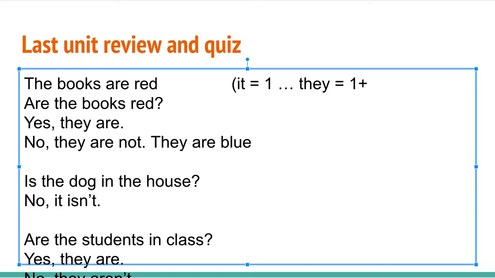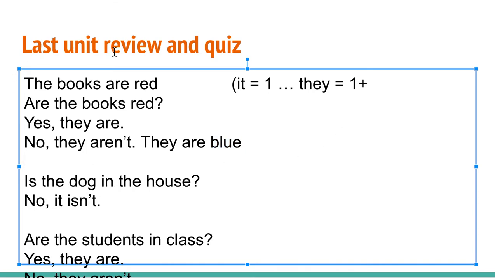You can say no, they aren't. It's okay. So then we have they are blue in this case because you're saying no, right? So you have to say a different color, not red, because I'm asking, are the books red? And you say no, and you say a different color because the books are not red. They're green, blue, whatever color, right?